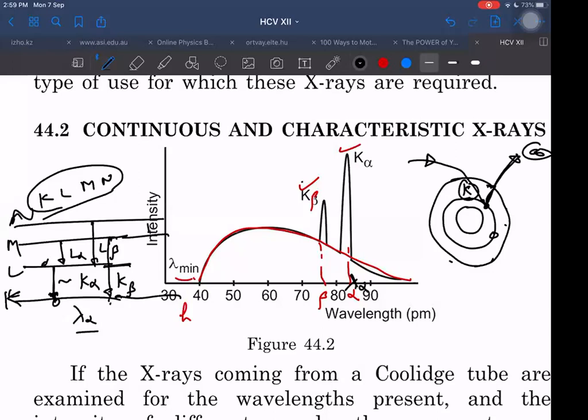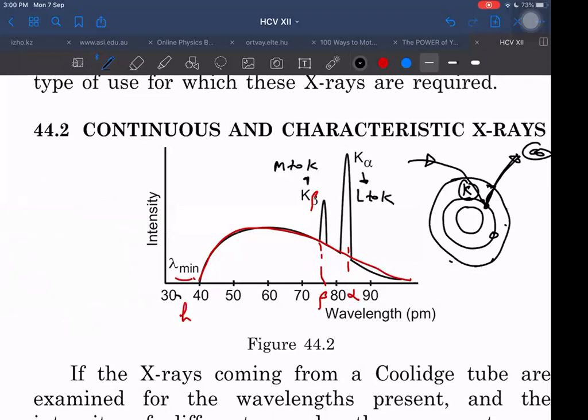Take just one from which shell? L, M, K shell. Which shell? Sir, your voice is breaking, sir. Yes, sir. You are not audible, sir.